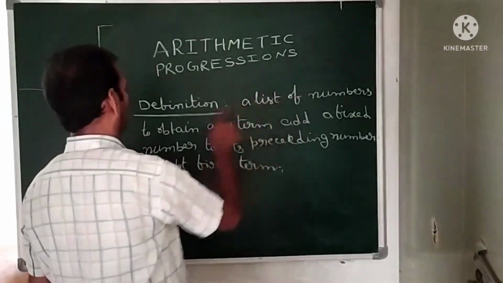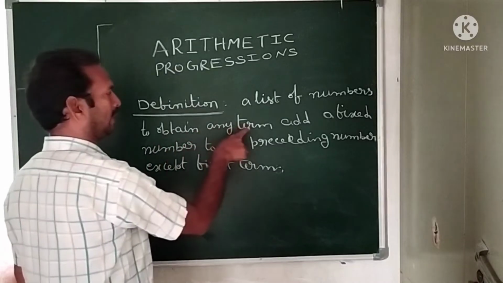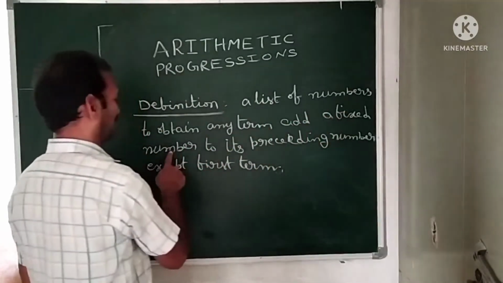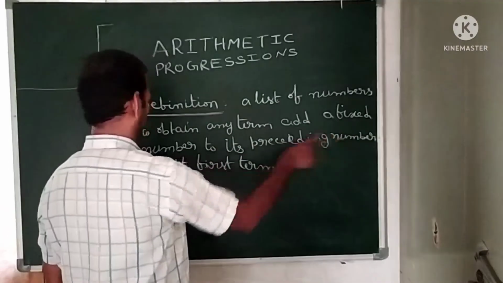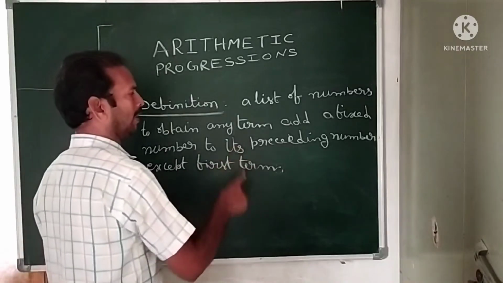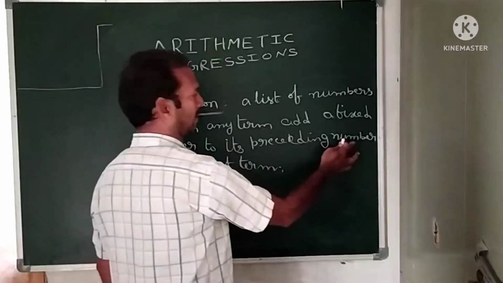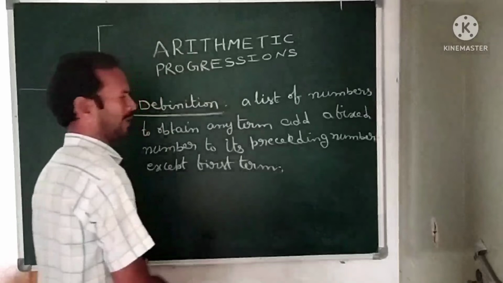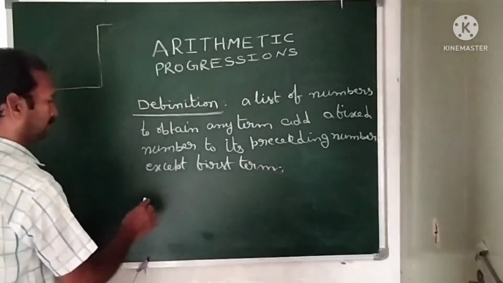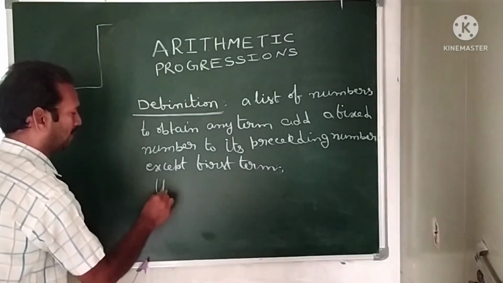See, a list of numbers: to obtain any term, add a fixed number to its preceding number except the first term. Here you can consider term or number, it does not matter.